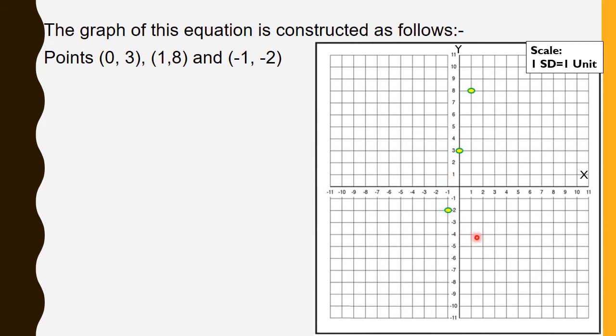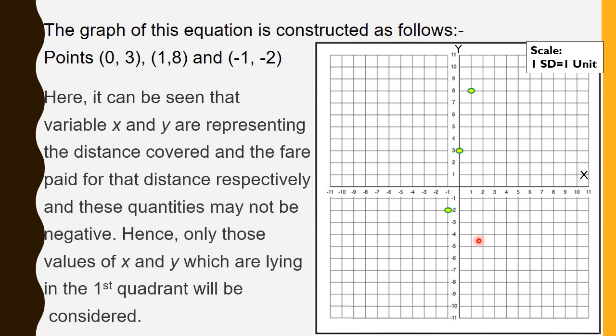So we have to join the points to form the line. But here it can be seen that the variables x and y are representing the distance covered and the total fare. For each kilometer, how much fare is paid is represented in this given equation.